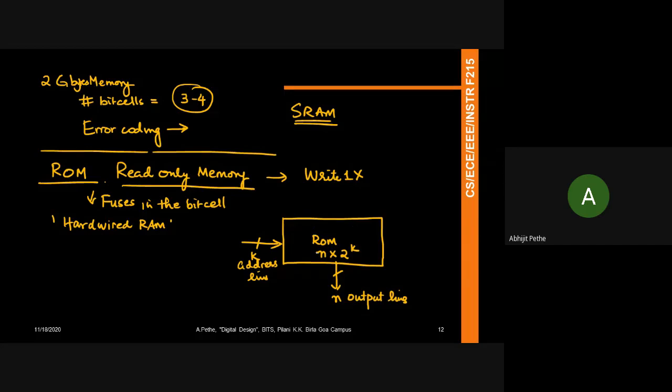But this system looks like k inputs and n outputs. In a very simple way, the ROM takes in k inputs and gives out n outputs, so it looks like a combinatorial circuit. The reason ROMs are used a lot is that you can dump any combinatorial circuit on it without worrying about gate level design.